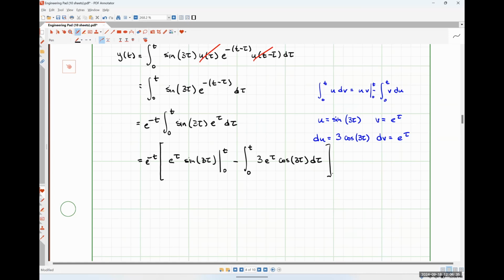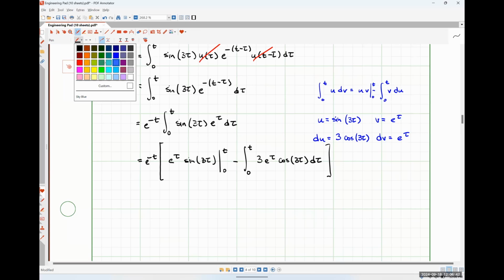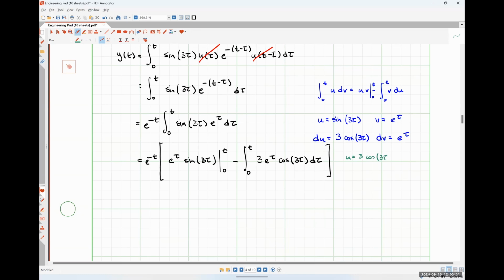Integration by parts, yet again. It's fun for the whole family. So in this case, I'm going to use a different color here. u is going to be 3 cosine 3 tau, which means du should be negative 9 sine 3 tau. I kept saying t, but I meant tau. dv is once again going to be e to the tau, which means v is also e to the tau, right?